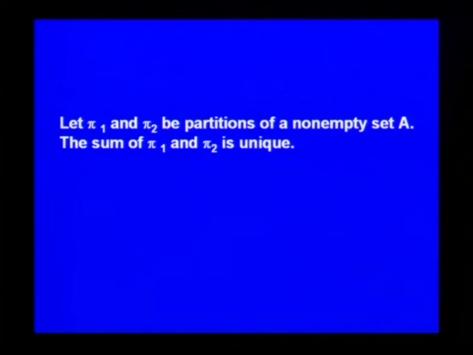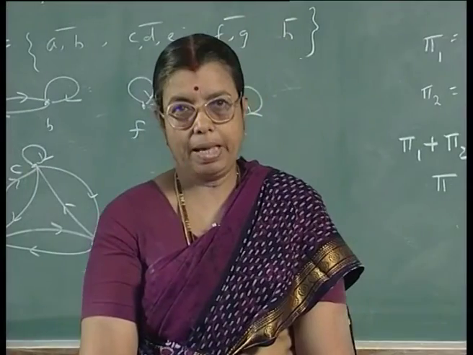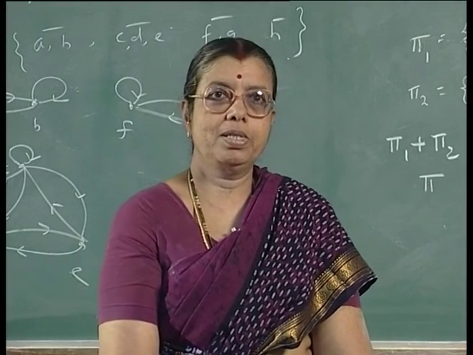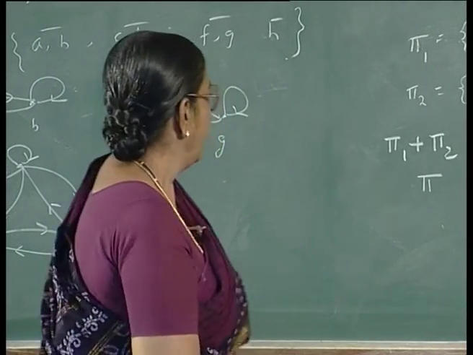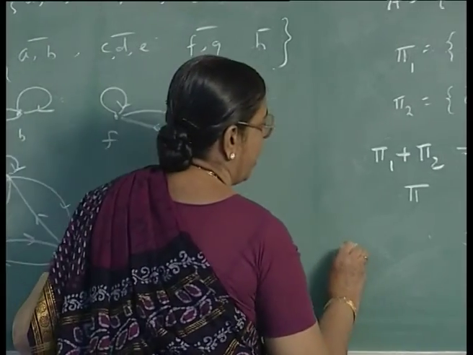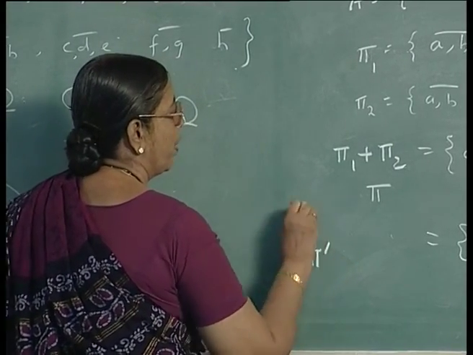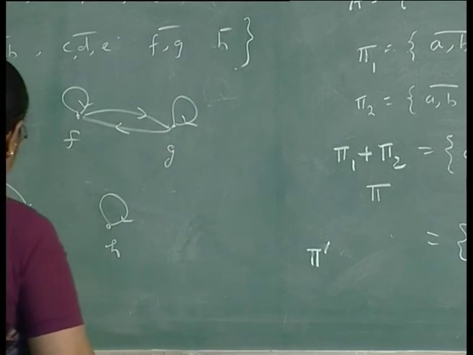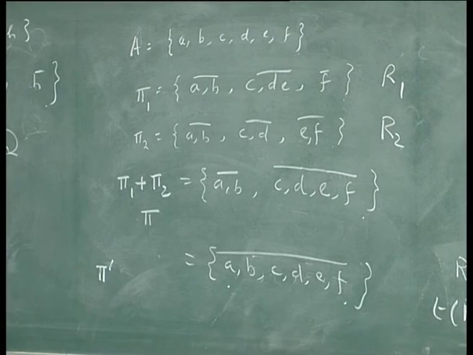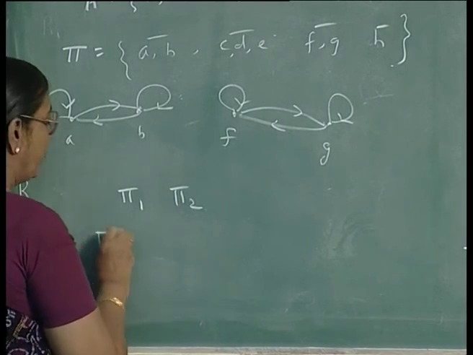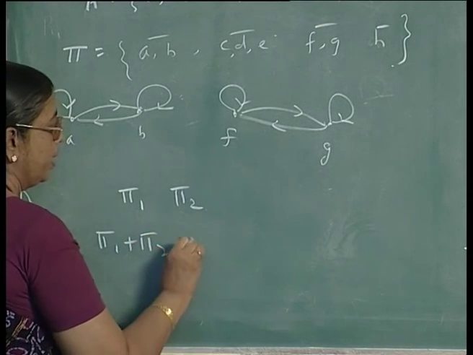Now, if you have two partitions pi 1 and pi 2, the sum is unique. You cannot have two different sums. Why? If I have two partitions pi 1 and pi 2, the sum of pi 1 and pi 2 is unique.